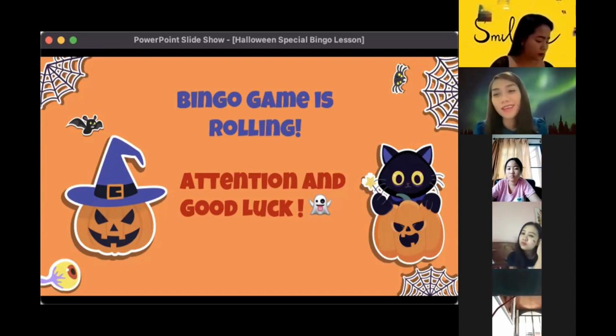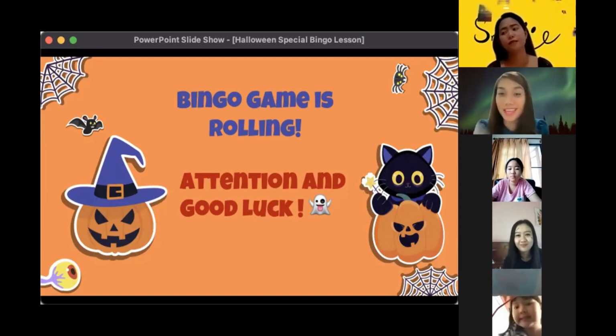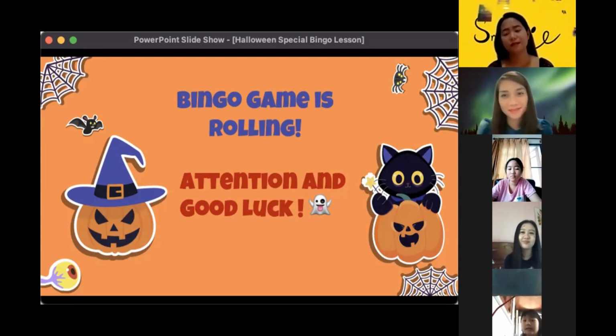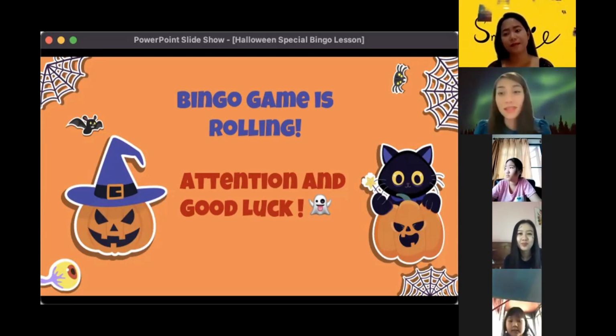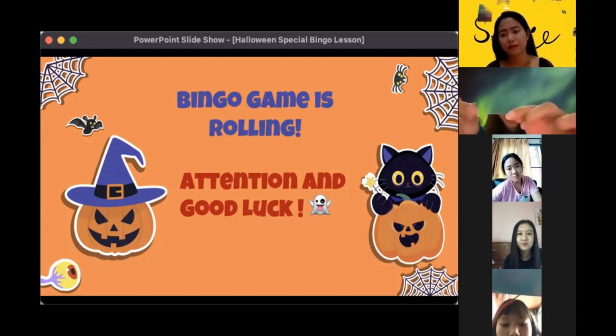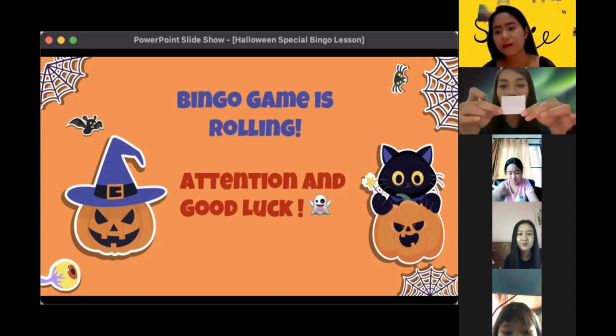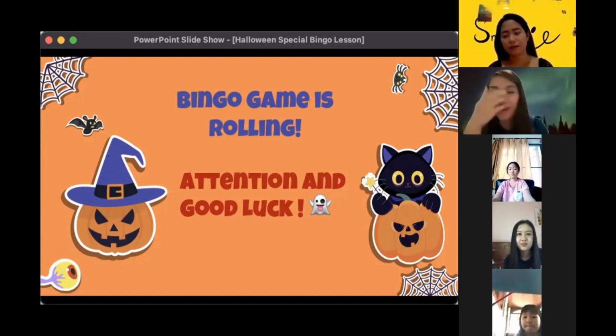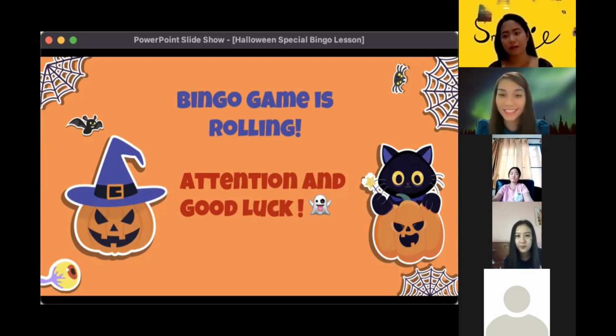What symbol do you want to see? We have vampire, we have coffin. So we have ghost and pumpkin. Next, we have vampire. Vampire. Okay, are you near? Okay, not yet. Okay, let's see.